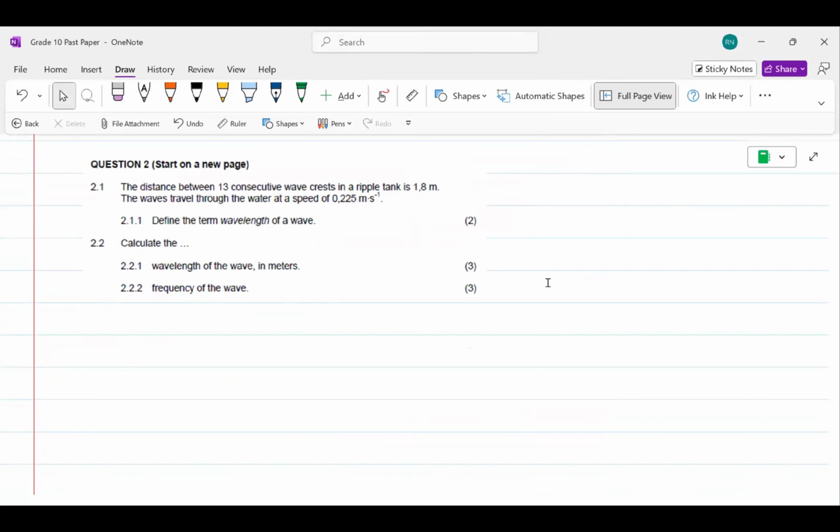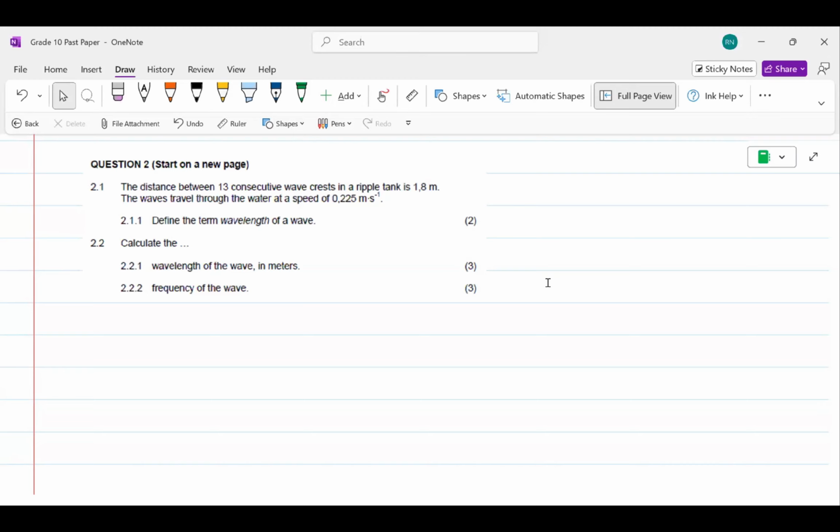And the waves travel through the water at a speed of 0.25 meters per second. So here we're dealing with waves. This is the second question. There are multiple choice questions, and then we come to this question, and it is dealing with waves.